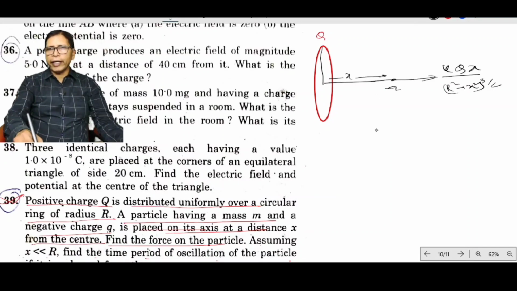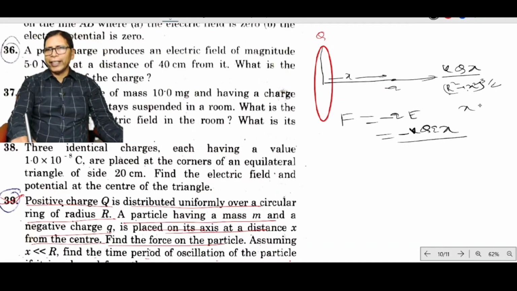So force on the negative charge F equals minus q into E, which is minus kQqx divided by (R square plus x square) to the power 3 by 2. As x is less than R, this becomes R cube.